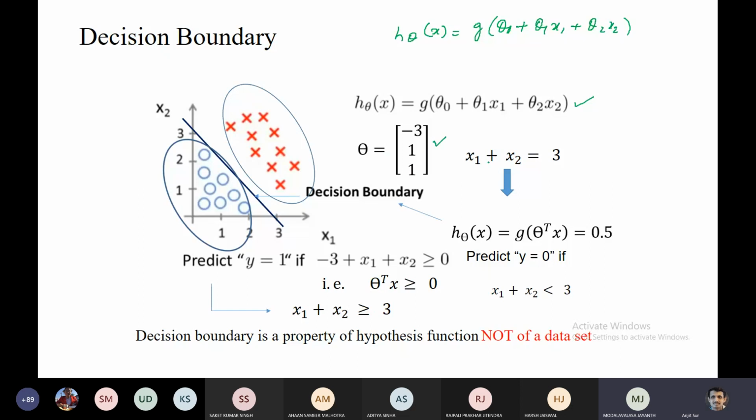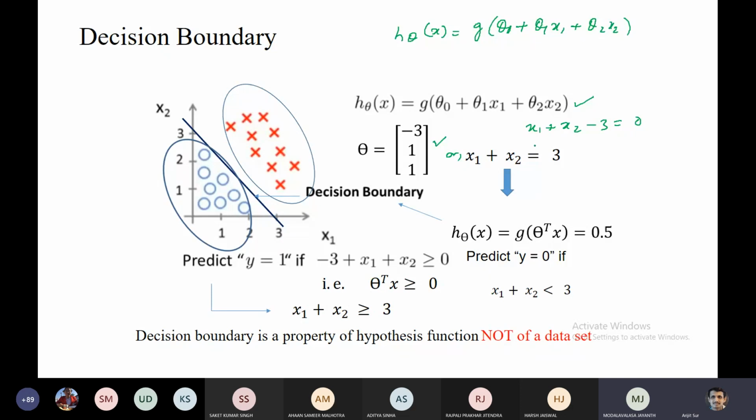Then the equation is minus 3 plus x1 plus x2 equal to 0, that means x1 plus x2 equal to 3.